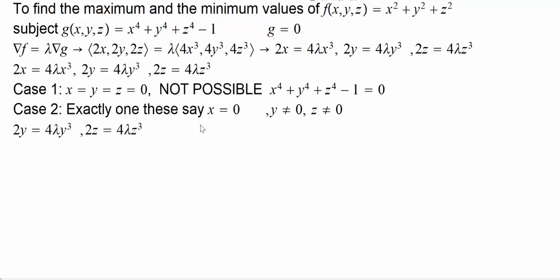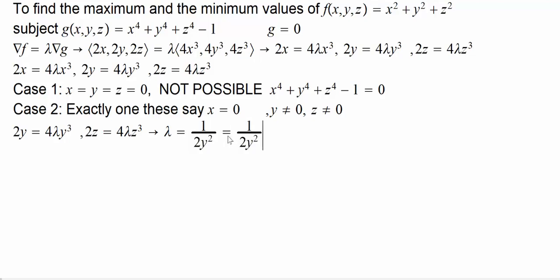If you look at the value of lambda, it gives us that lambda equals 1 over 2y squared, and we can take y to the denominator for a simple reason that it's not equal to 0. And this equals 1 over 2z squared.